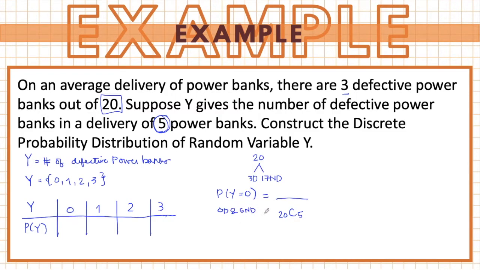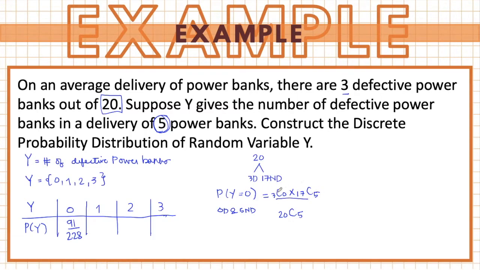So, to compute for the number of favorable outcomes, kukuha ka ng 0 sa 3, so that will be 3 choose 0, and this is the multiplication rule, times 17 choose 5. Okay? So, this will be the solution in getting the probability that y is equal to 0. And if we use our calculator, this is 91 over 228. So, we multiply the outcomes of getting 0 defective and 5 non-defective.